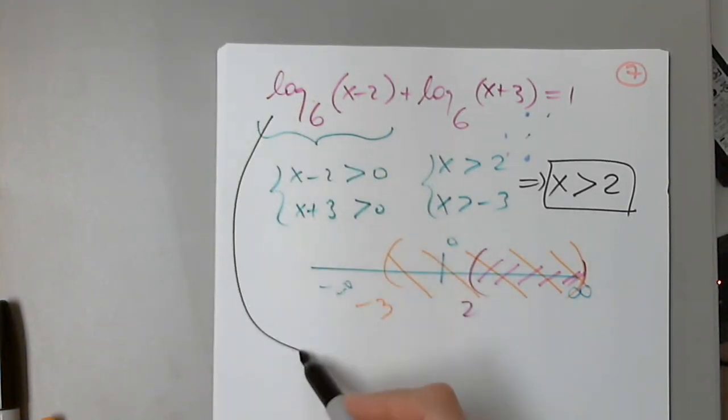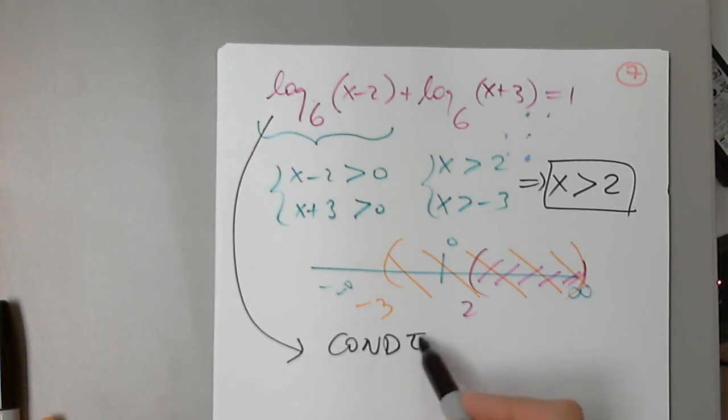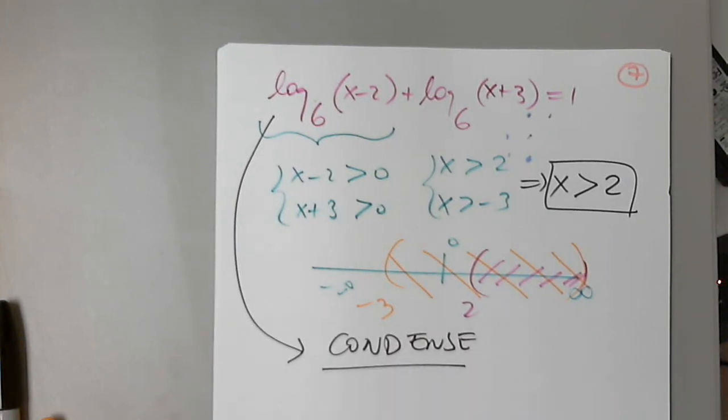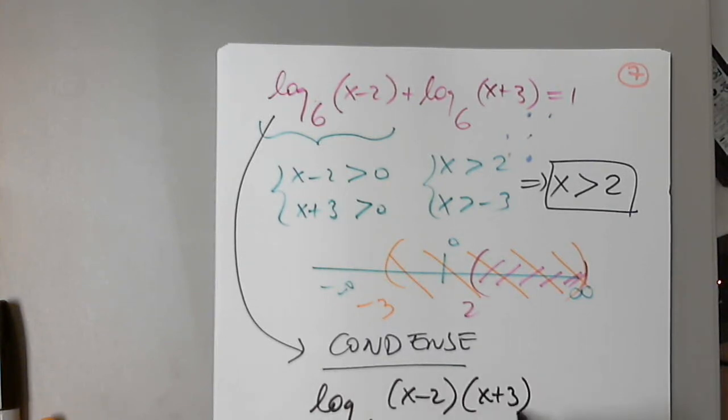Now the question is, how do I condense? I have to condense the left-hand side. How do we condense log expressions? Say it again. Multiplication. Yes. Log base 6 of x minus 2 times x plus 3 equals 1.